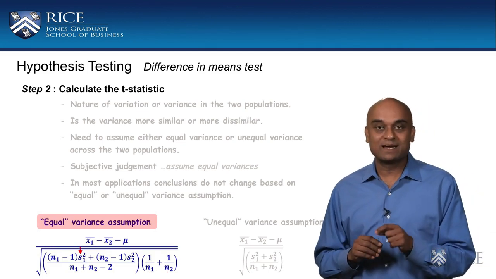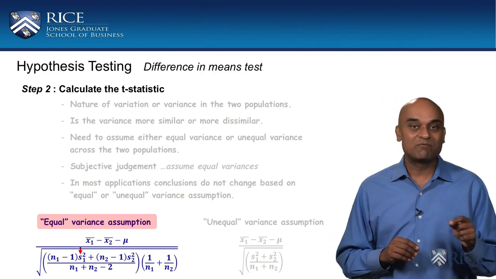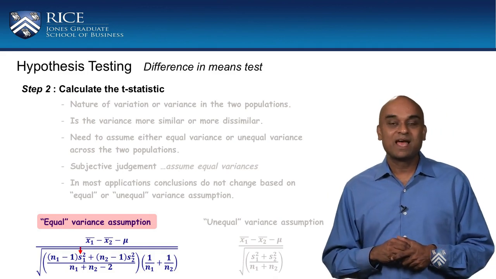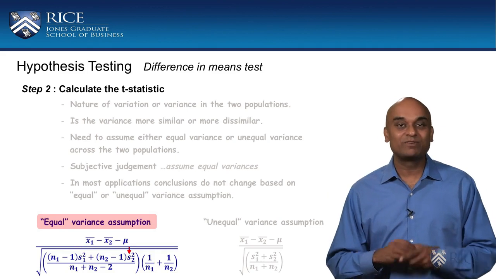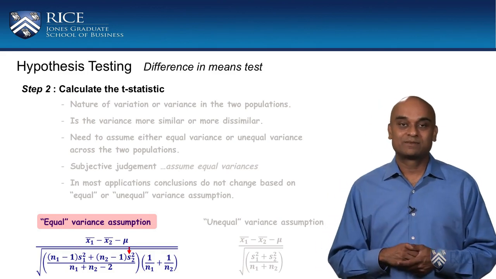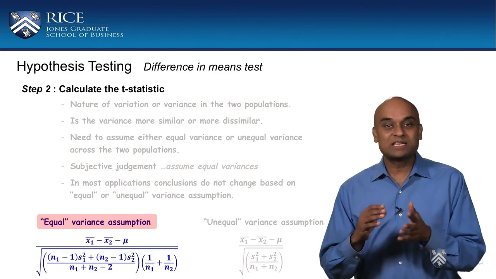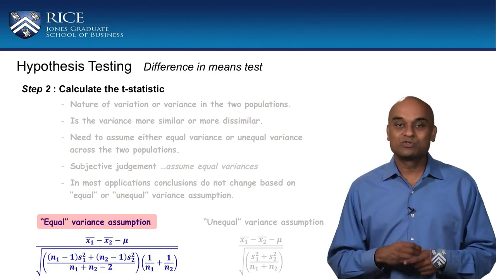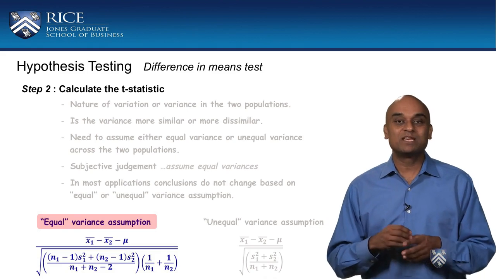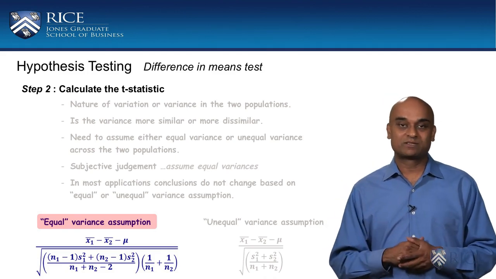S1 is the sample standard deviation of the heights of men athletes in our sample, and similarly S2 is the sample standard deviation of the heights of women athletes in our sample. So, this is the t statistic calculation in a difference of means test when you assume population variances to be equal across the two populations.